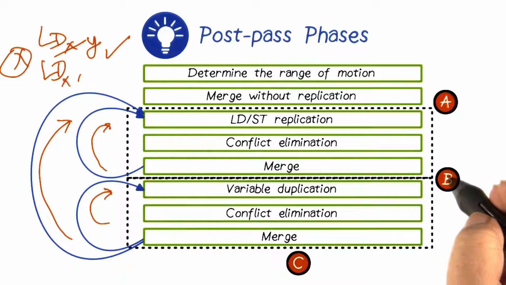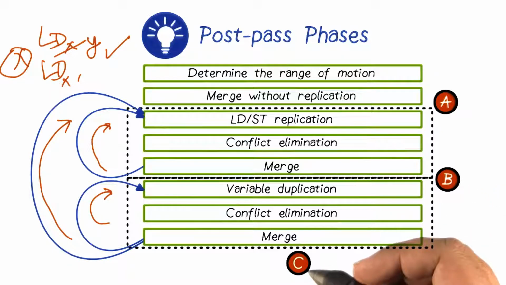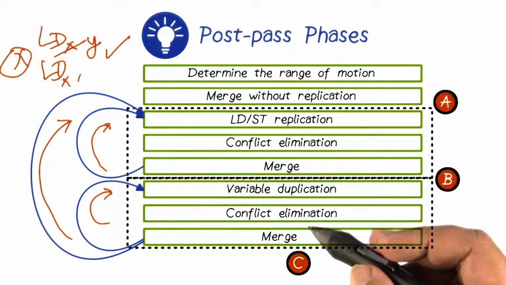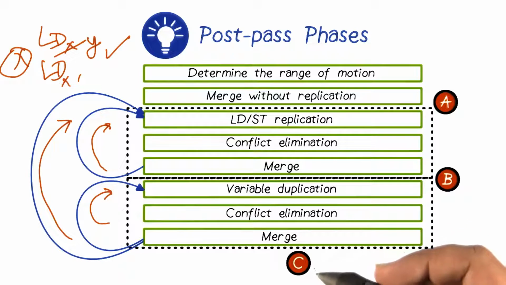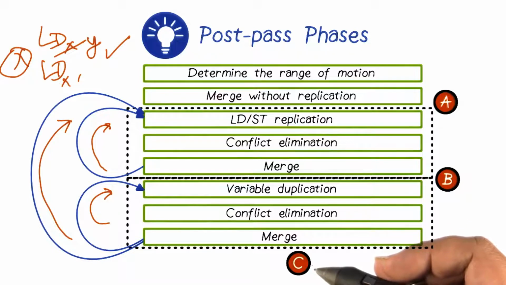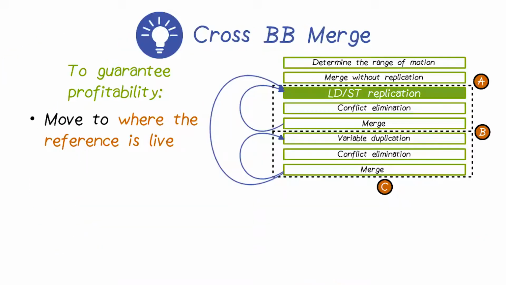Then if we just carry out load store replication, how many more we can do, that's shown at point B. And then finally, if we do variable duplication and do all the optimizations, how many opportunities become available overall. That is what we look at in this point C.